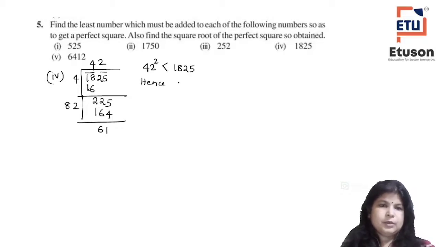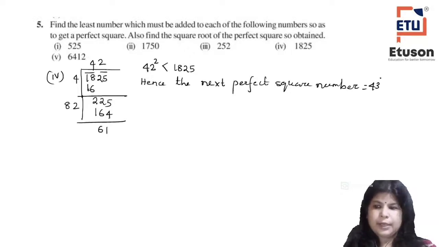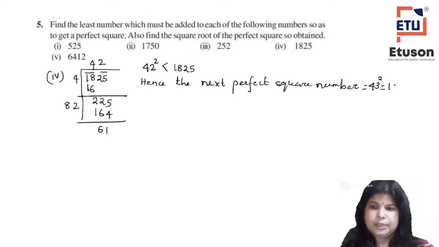Hence the next perfect square number is equal to 43 square, which is nothing but equal to 1849.